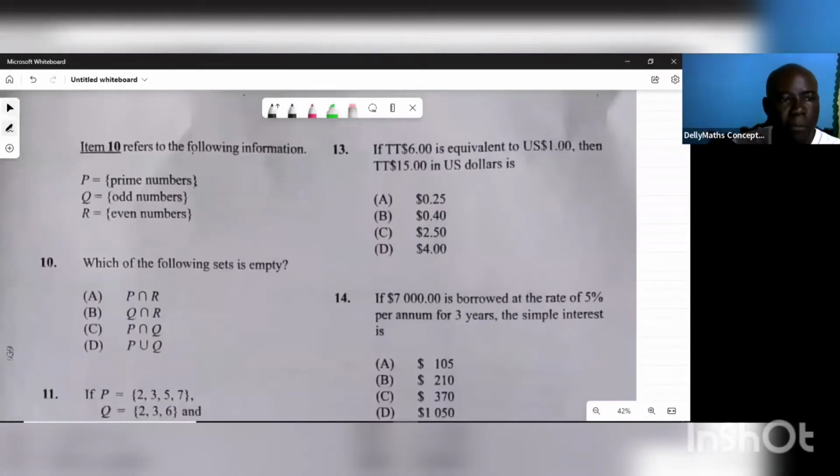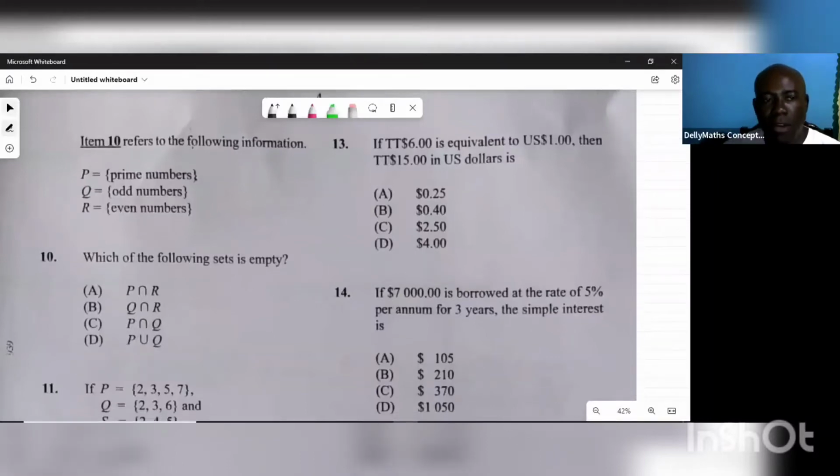P refers to prime number. Q refers to odd number. And R refers to even number. Which of the following sets is empty? In other words, we're going to write down what are the prime numbers, just a quick idea, and what are the odd numbers and even numbers.